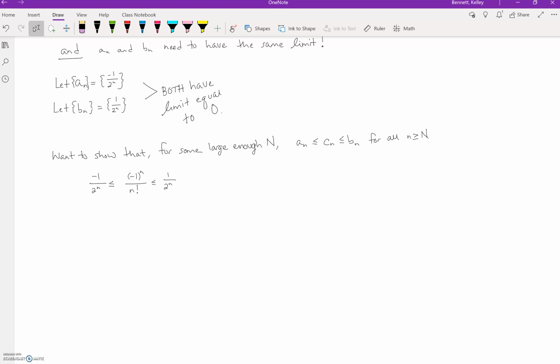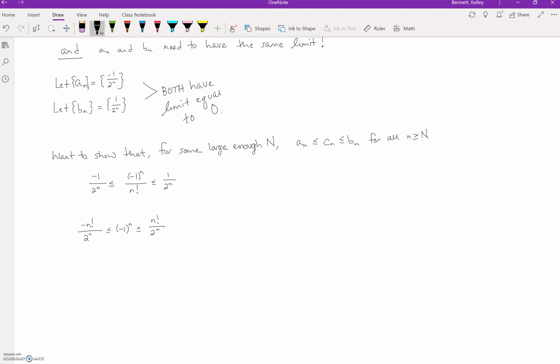Because n factorial is positive, the first step that I did was I multiplied through by n factorial, and I ended up with negative n factorial over 2 to the n less than or equal to negative 1 to the n less than or equal to n factorial over 2 to the n. So effectively, I've just cleared out the denominator and the central term for c of n.